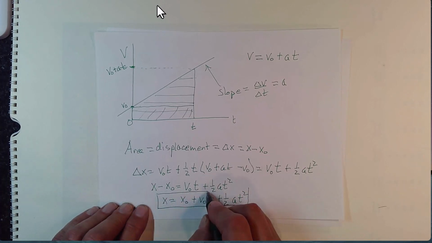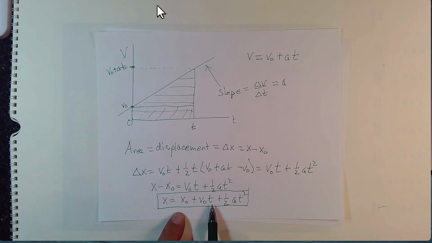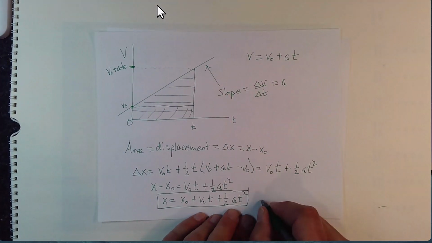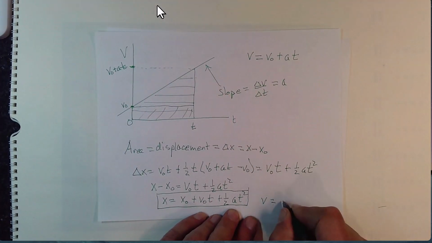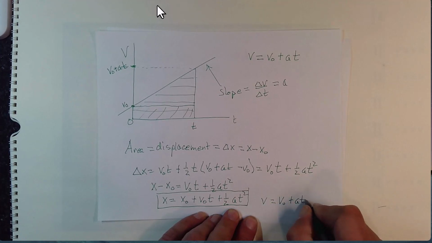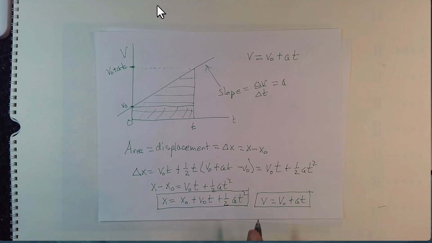However, for constant acceleration motion, this isn't the only equation of motion. We also have this one. And so we have v equals v0 plus at as a second equation of motion. That's for velocity as a function of time when you have constant acceleration.